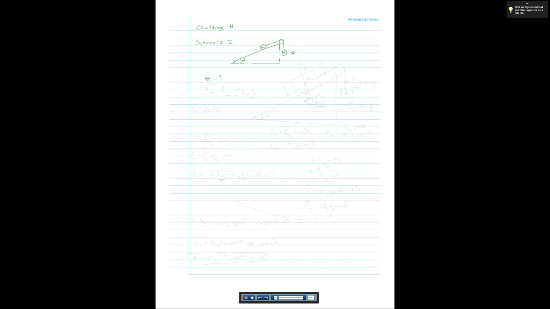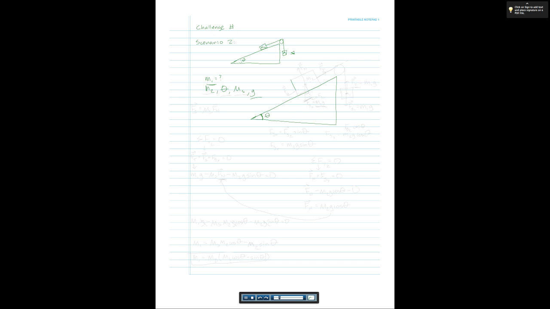We had to give our answer in terms of M2, theta, mu s, and any other fundamental constants. Really, they could have said M2, theta, and other fundamental constants, meaning that mu s and g are my other two fundamental constants.